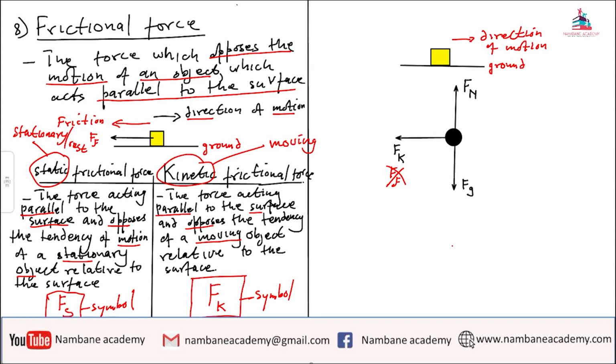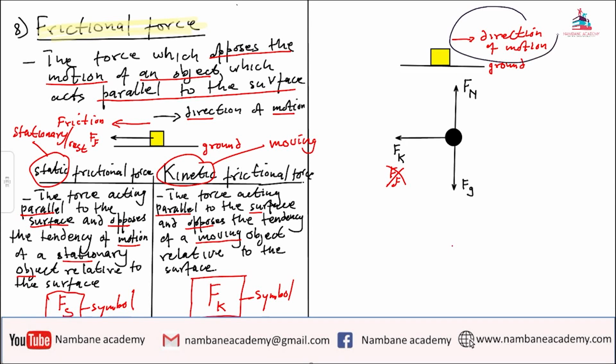Then we spoke of the frictional force. Frictional force is the force which opposes the motion of an object and which acts parallel to the surface. 2 marks. It's a definition. So now, you must first find or check the direction of the motion. Let's use purple.